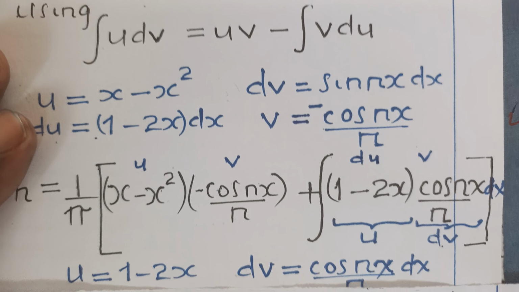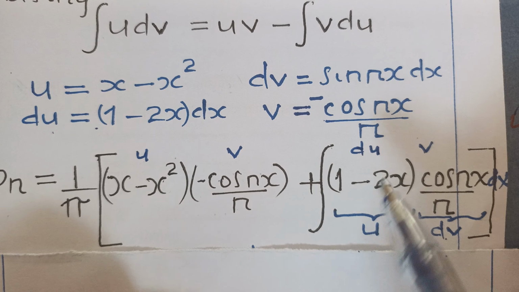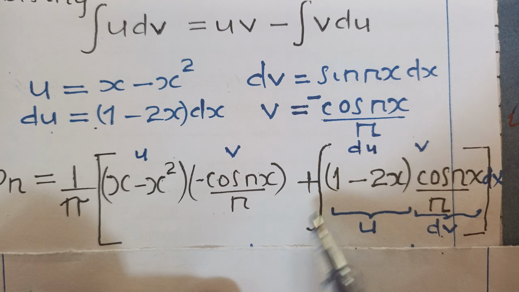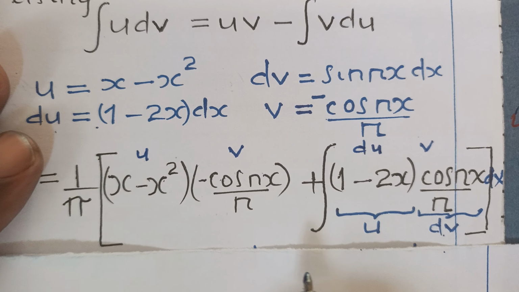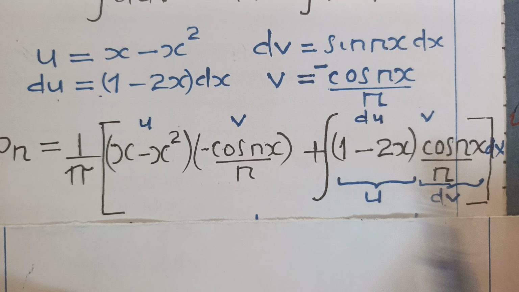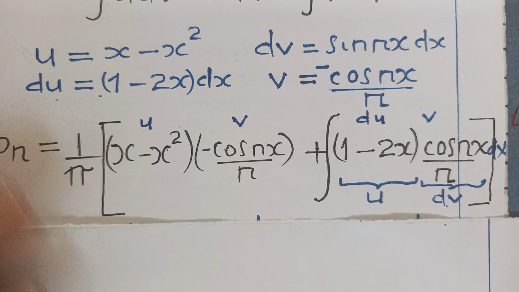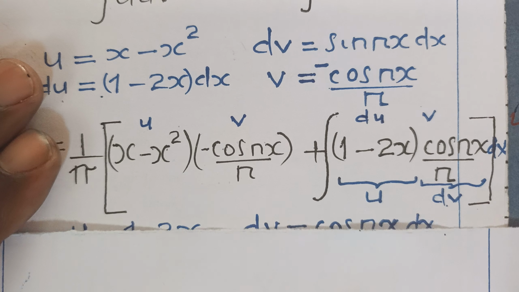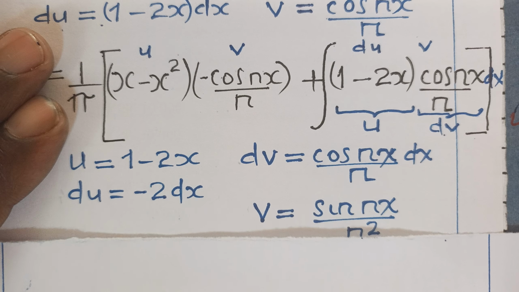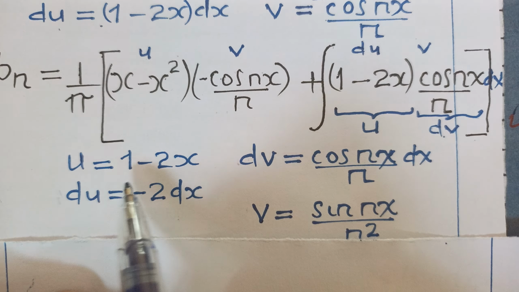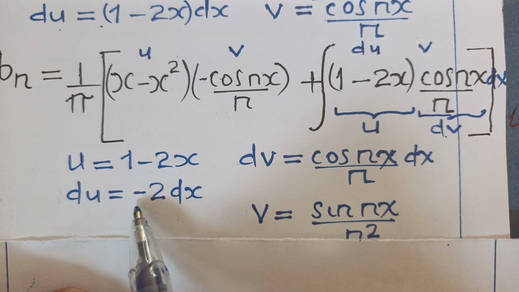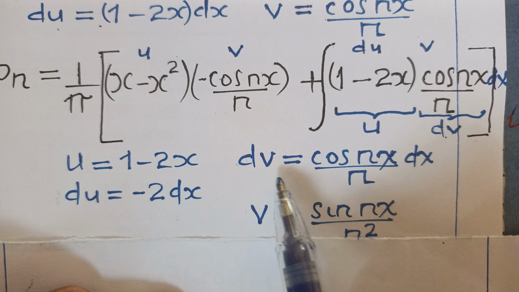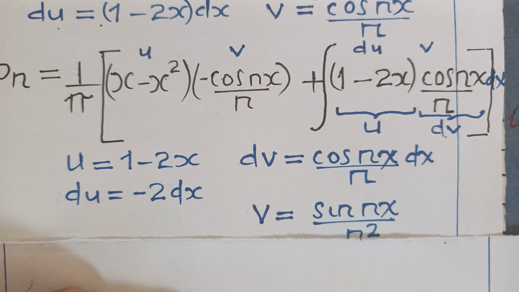So when we do that, we are left to integrate this part because we have completed with this one. Now we integrate this, and that's why we have again chosen a u and a dv here. For u, we have 1 - 2x, du is equal to negative 2 dx, and for dv, v is that.